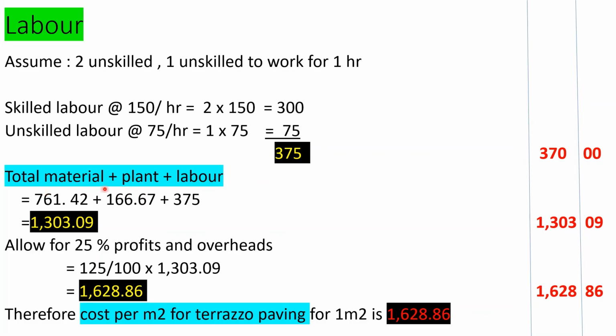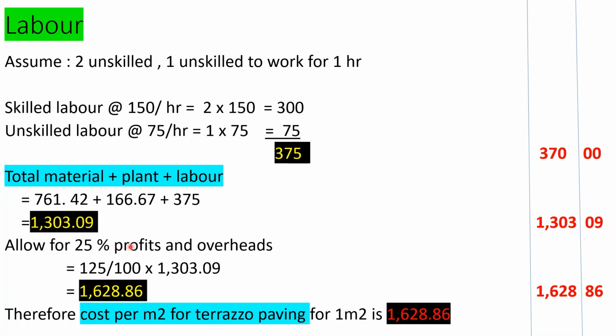Now the total material plus plant plus labor: we add the material at 761.42, that is the cement, chipping, polish, and the pigment. And then the plant is 166.67, and then the labor is 375, giving us a total of 1,303.09.